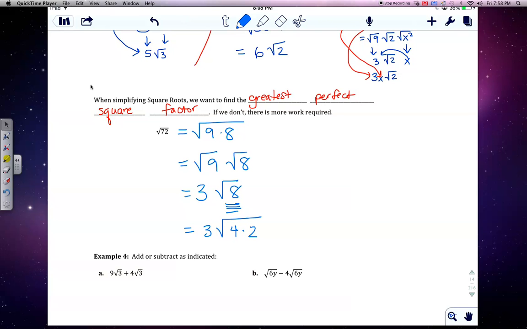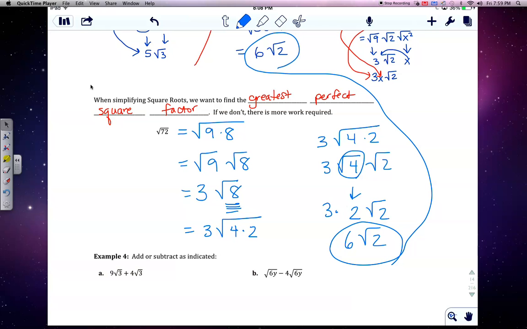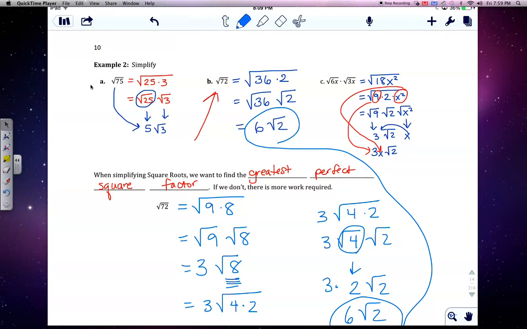So I'm going to write over here, I get 3 square root 4 times square root 2, and this right here is 2. So I get 3 times 2 square root 2, and I get 6 square root 2. Do you see I got the exact same answer as I did up here? But how many extra steps did I have? In this problem, in part B, I had 1, 2, 3 steps.